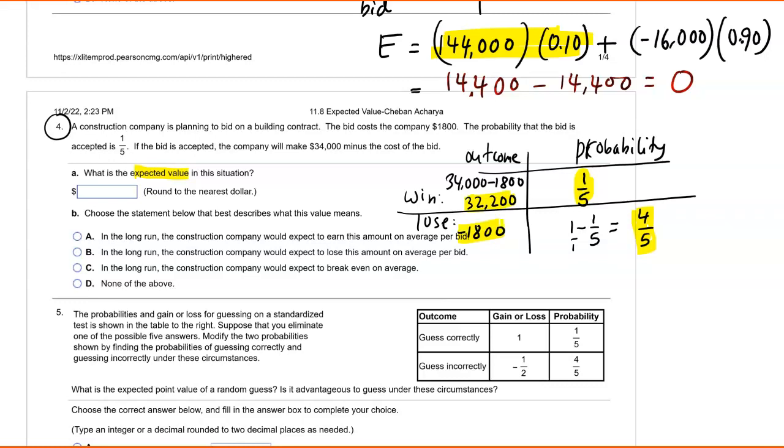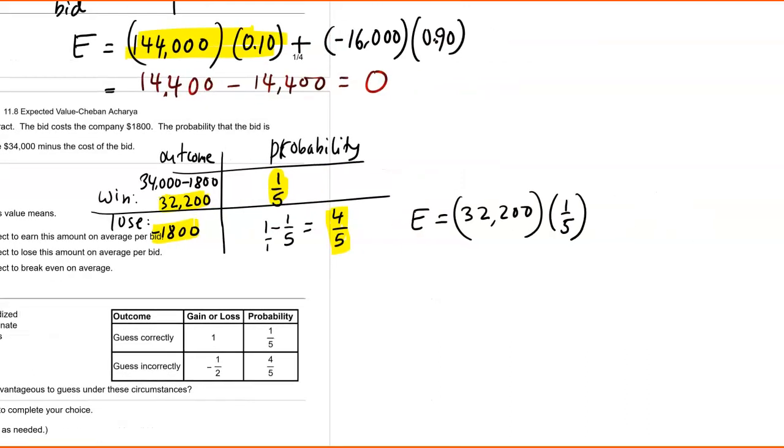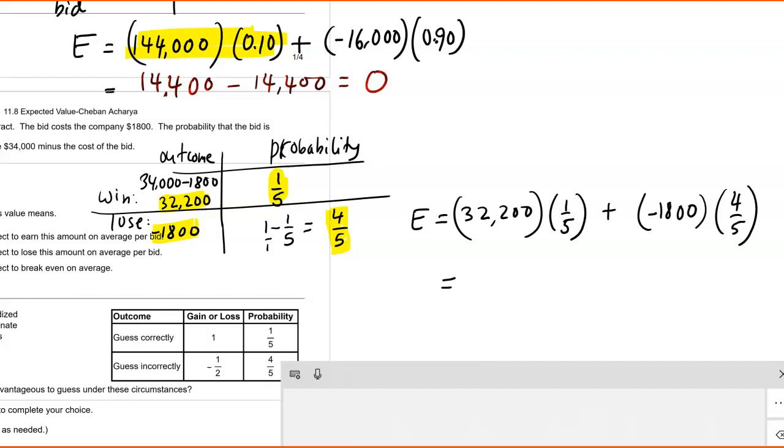Okay, now to find the expected value, you multiply 32,200 times 1/5, right, plus negative 1,800 times 4/5. Make sense? And you can put all of it in the calculator.